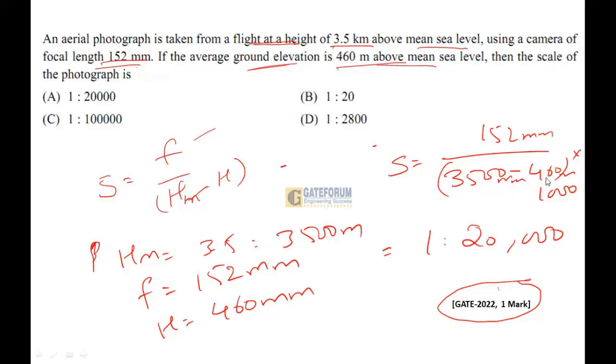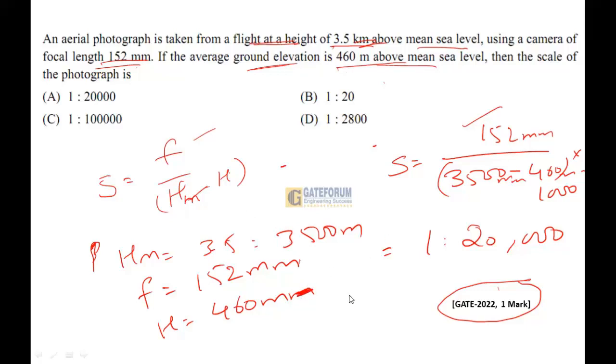So to keep the units consistent, F by H is 152 mm divided by HM minus H, where HM is the flying height of the aircraft, 3,500 meters, minus the average ground elevation, 460 meters, converted into mm by multiplying by 1000.